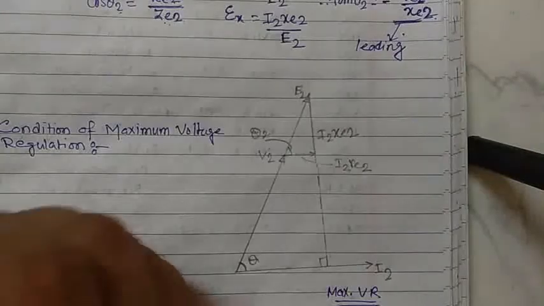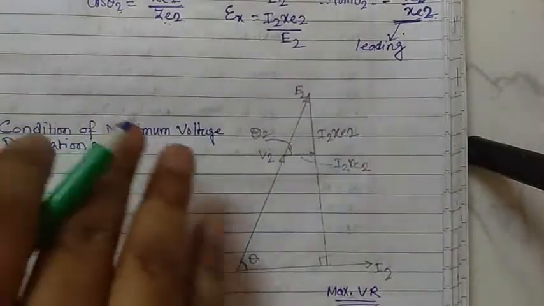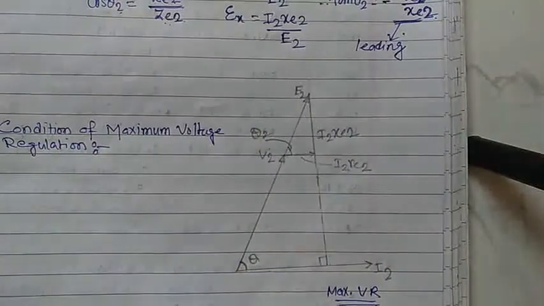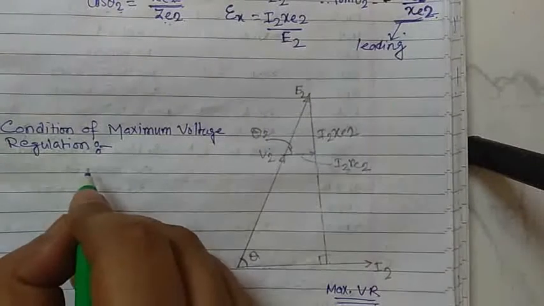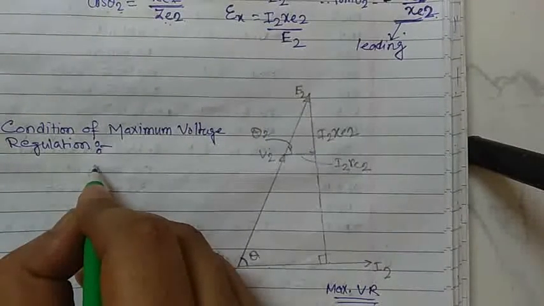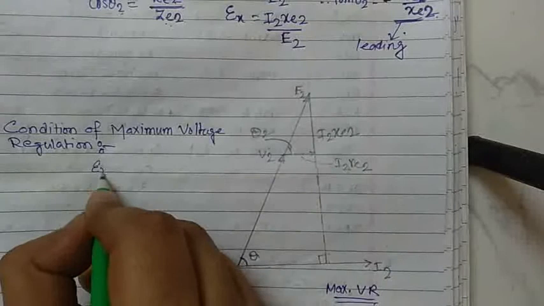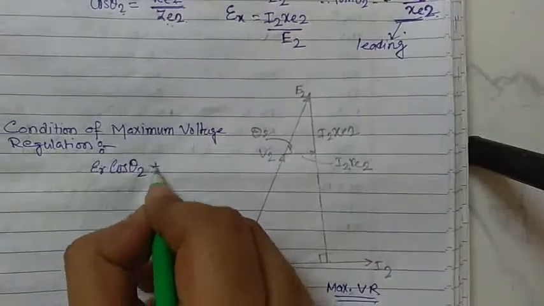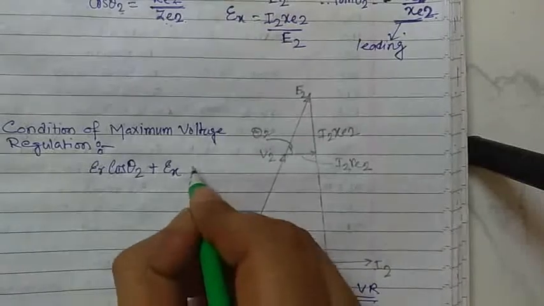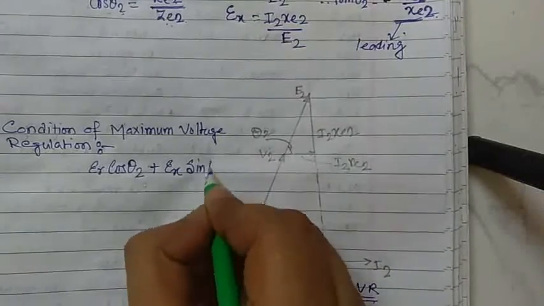Now the condition of maximum voltage regulation. First, I write the voltage regulation equation, that is epsilon r cos theta 2 plus epsilon x sin theta 2.